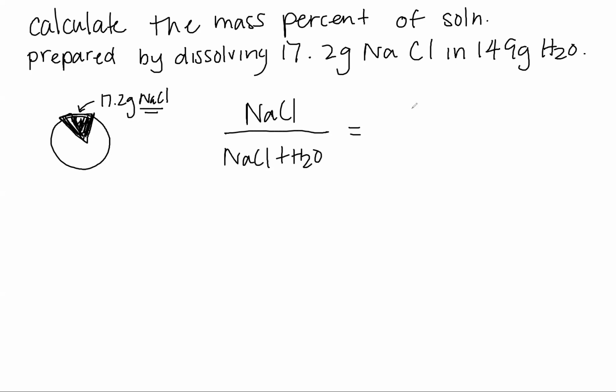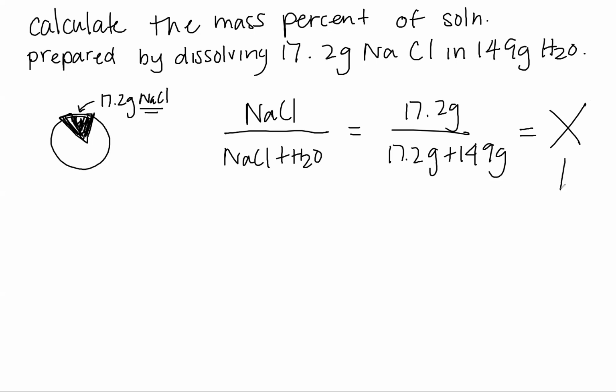Okay, so that's going to give you 17.2 grams over 17.2 grams plus 149 grams. And that's going to give you some number X. After we do that, you need to multiply that to put it in the percent form. So then you'll get the mass percent equals, it should be 10.3%.